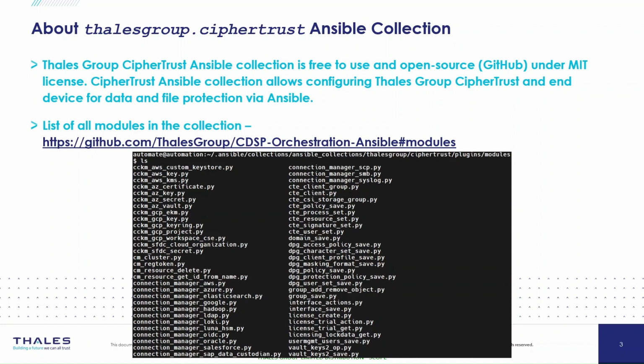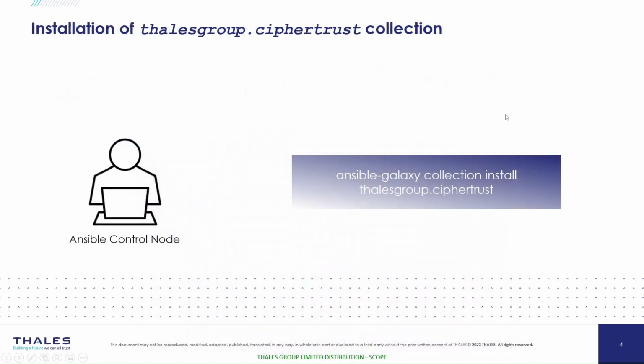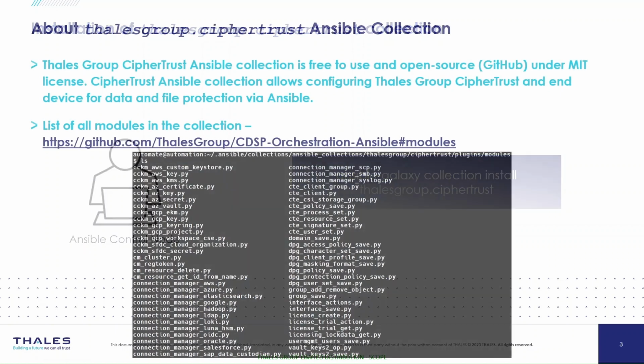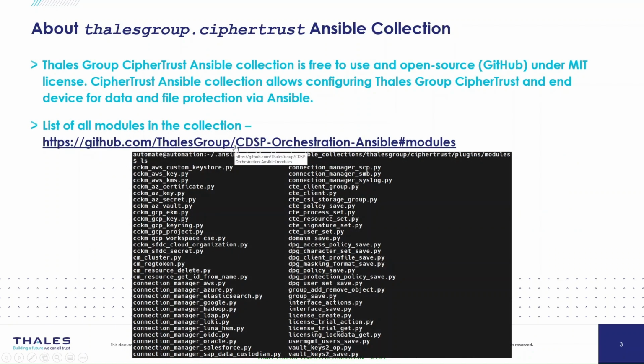As you can see in this snapshot, these are some of the modules which are available as part of this Ansible collection. And the link to the GitHub repository is part of the video description as well.